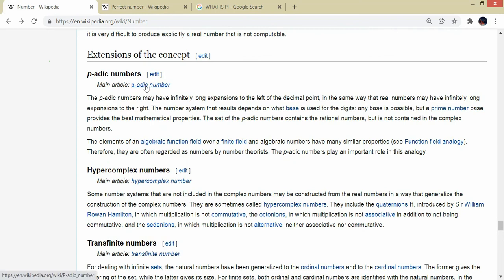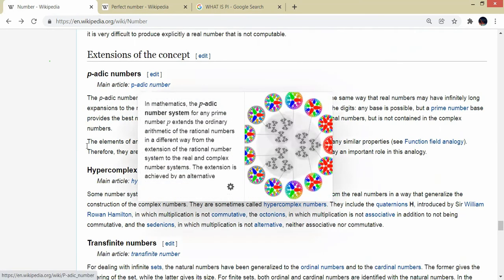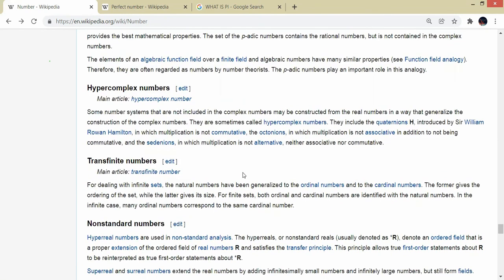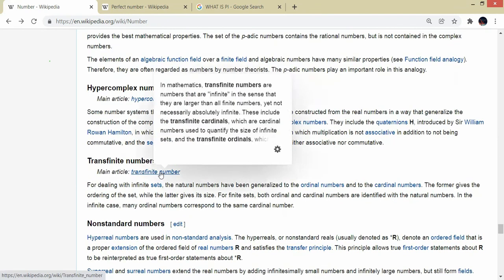P-adic numbers, this is not our topic. Hypercomplex numbers, transfinite numbers. Transfinite numbers are numbers that are infinite in the sense that they are larger than all finite numbers, yet not necessarily absolutely infinite.